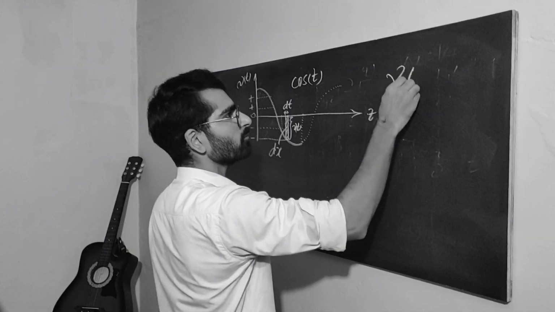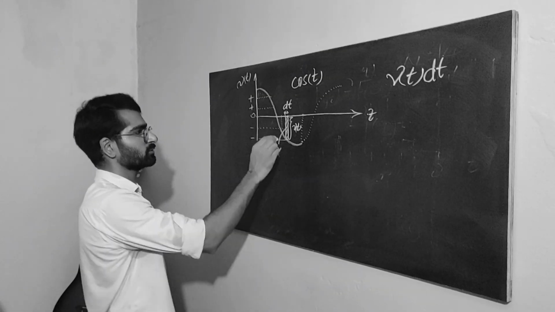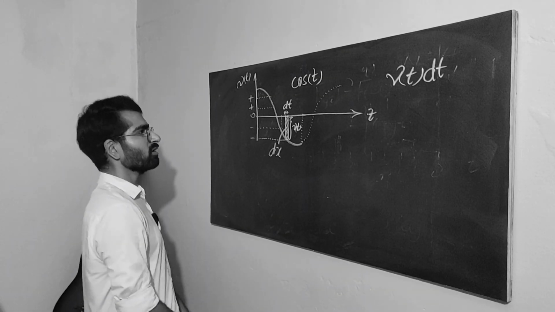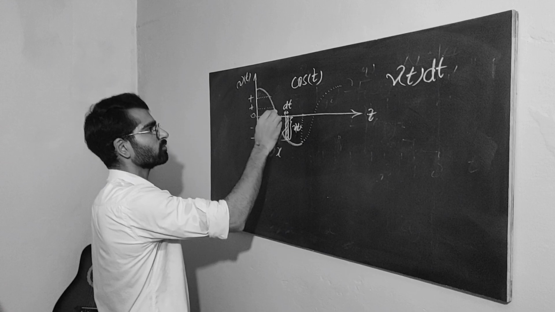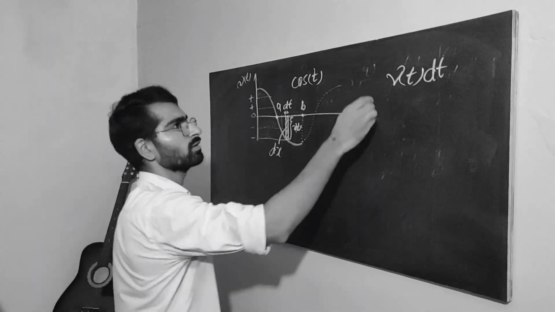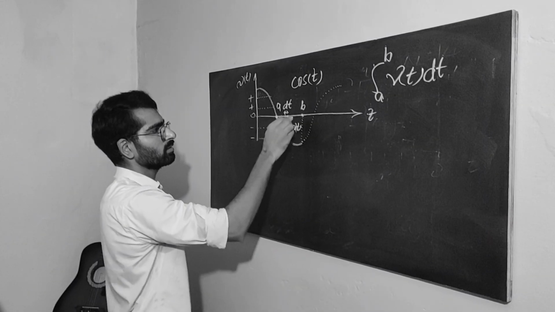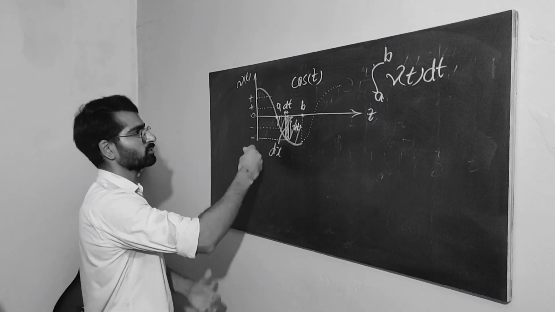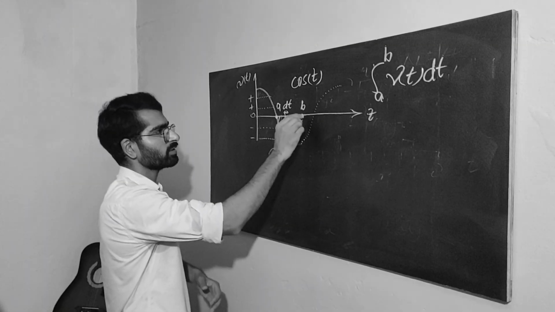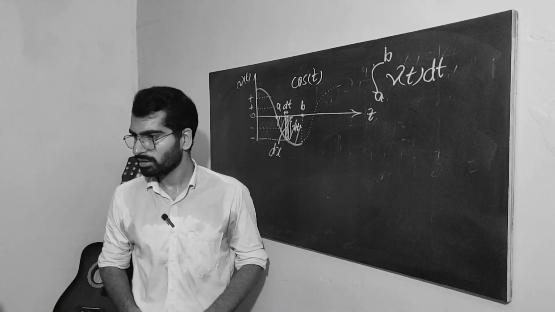So v of t times dt is going to be negative because v is negative. So if I integrate it from point a to point b, this area is going to be negative because all the v's between this point and this point are negative.